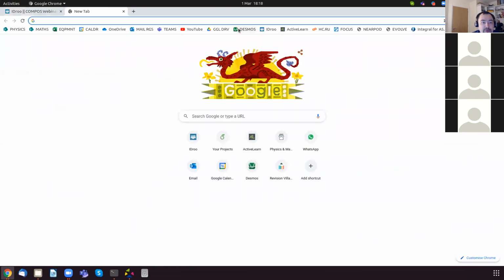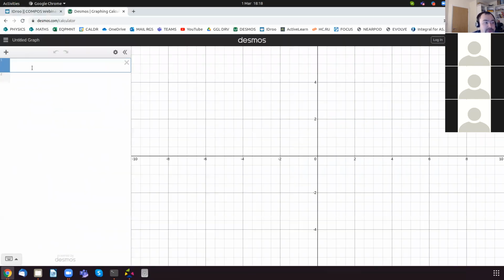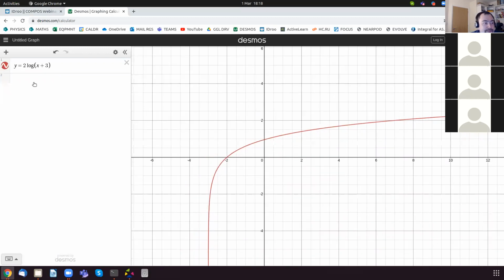And I promise to show you that, in fact, this is true. Desmos is a fantastic tool when you're dealing with stuff like that. So y is equal to 2 log(x + 3), you can see this function, and y is equal to log(ax).